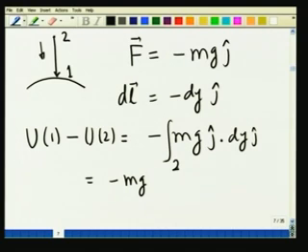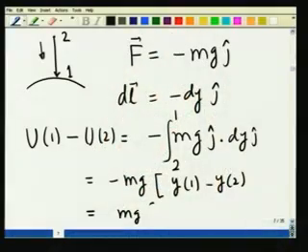This is moving from 1 to 2, and therefore, I am going to get y1 minus y2, which is equal to mg times y2 minus y1.